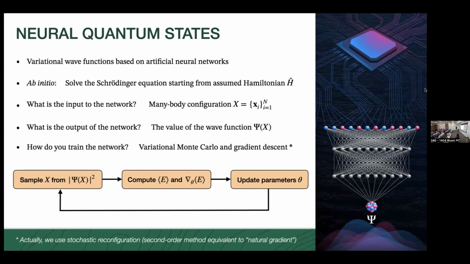That includes the positions of all the particles, the spin projections, and isospin projections. The output of the network is the value of the wave function for a given many-body configuration. The way we train this network is through variational Monte Carlo gradient descent. We actually use something a little bit better than gradient descent called stochastic reconfiguration. You can think of this as the natural gradient method in a machine learning context, similar to imaginary time propagation.